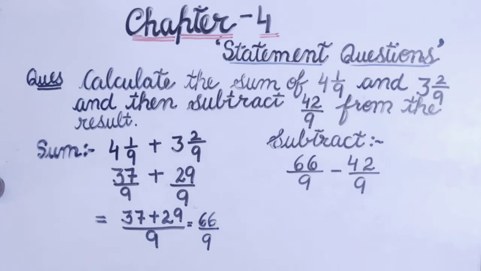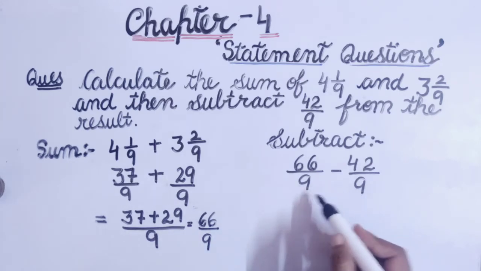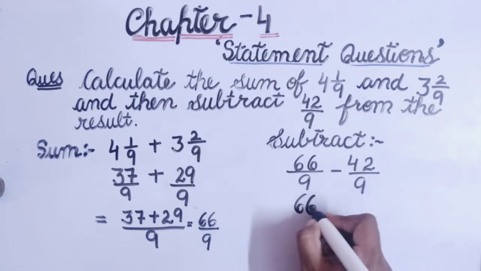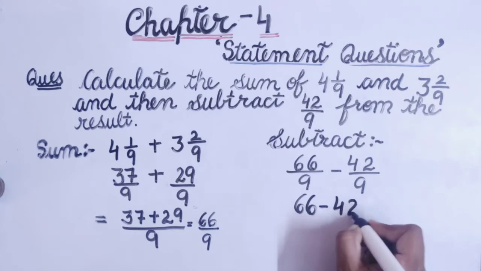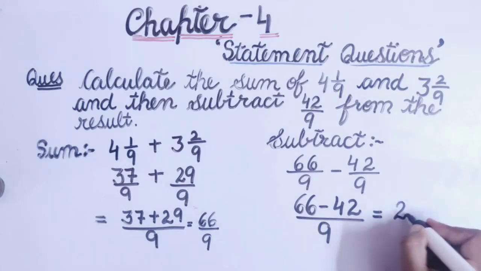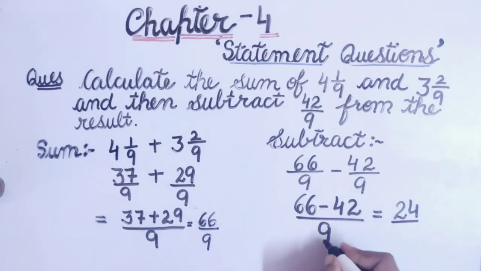Now students, we will subtract it. As we can see that the denominators are same, we can subtract the numerators directly. So when we subtract the numerators, what result we will get? We will get 24 and the denominator is same, that is 9.